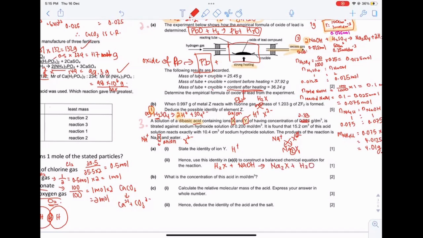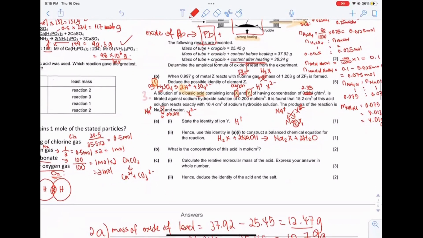Then we just balance this. 2 Na on the right, so 2 Na on the left also. There's 4 H on the left, so times 2 on the right. There's 2 O on the right, 2 O on the left, and 1 X on both sides. So this is balanced. Understand?